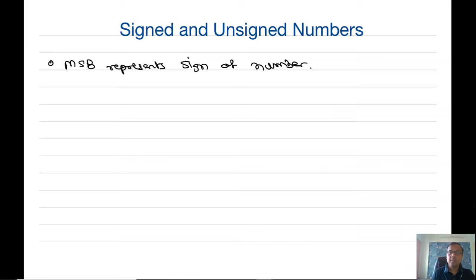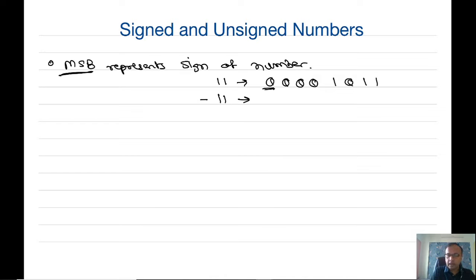For example, if I consider a number to be 11, see it carefully. If I consider 11 as an 8-bit number, it will be written as 0000 1011. So considering this fact that the MSB represents the sign bit, usually people consider that -11 is all about changing the sign bit only.